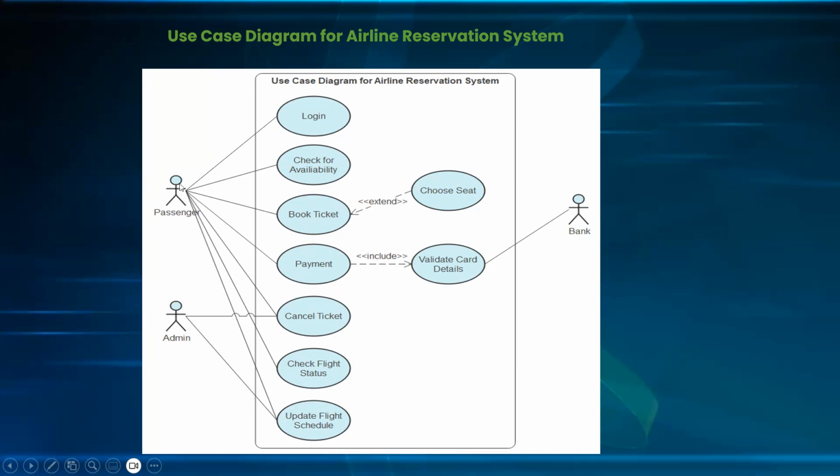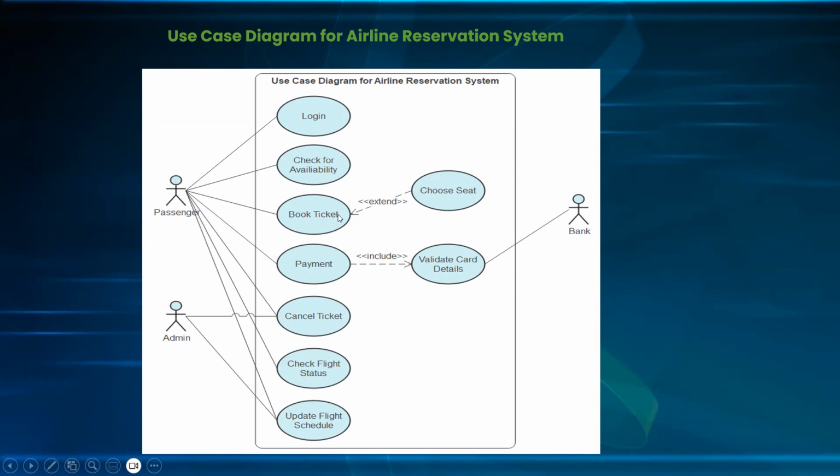But again, when a passenger wants to book a ticket, the passenger can decide to choose a seat, which is an extend relationship.